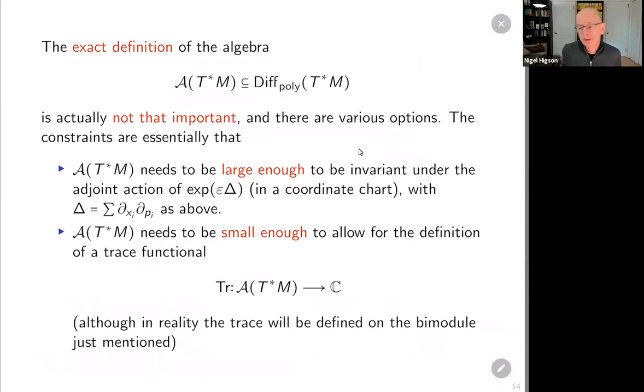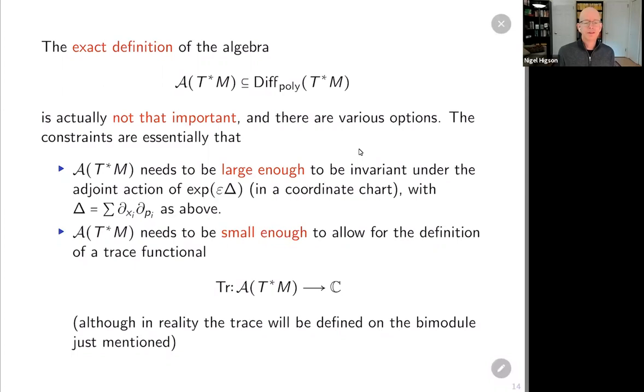As for what this algebra is, which is intermediate between polynomials and formal power series, it actually doesn't matter that much. There's a whole continuum of algebras defined by different conditions that you could use. We want the algebra A to be not too small for a certain purpose. It should be invariant under conjugation by this exponential, which is certainly some formal power series.